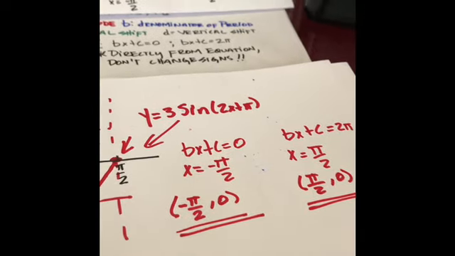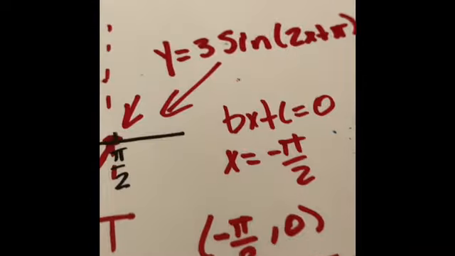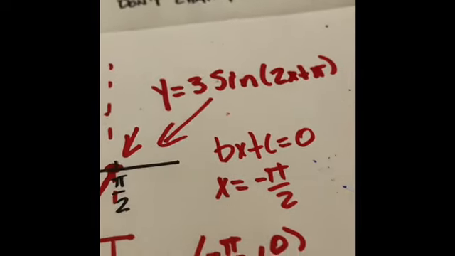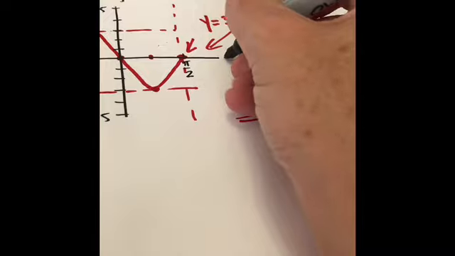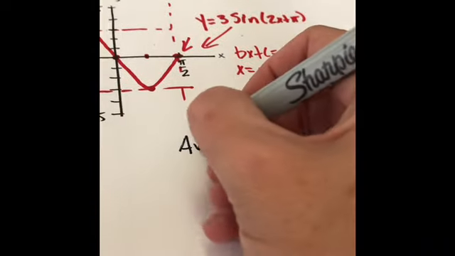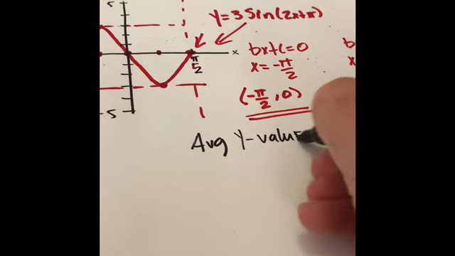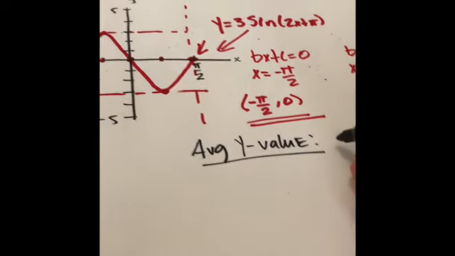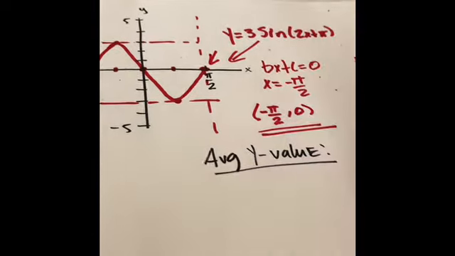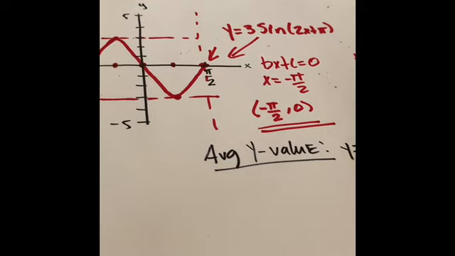Now let's finish getting this. I already have the amplitude, the period, and the endpoints. The average y value, I have to get the equation of the average y value. The average y value we stated was at the x-axis, so it's an equation: the line is crossing the y-axis at 0, y is equal to 0.